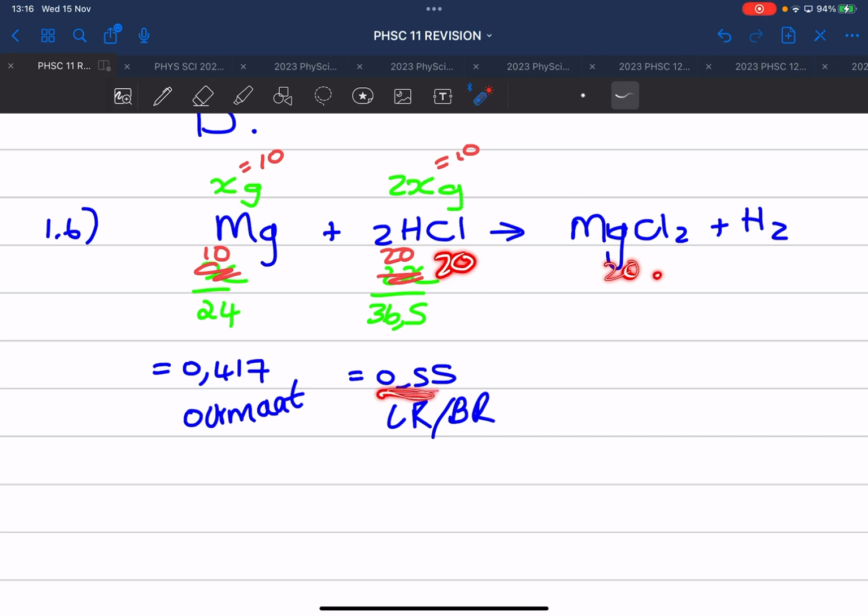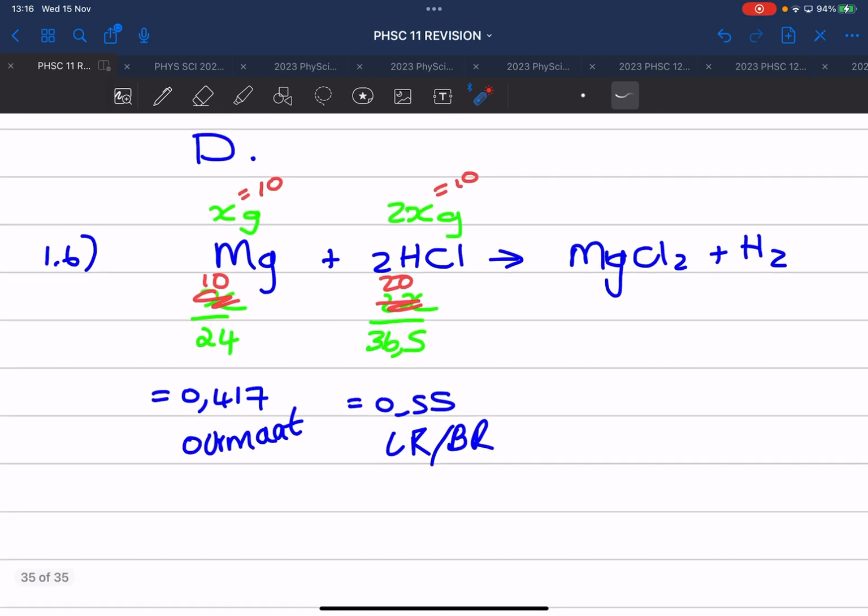Met die mol met mekaar vergelyk. Okay? Omdat hierdie mol 0,55 is, and if this mole ratio is 2 to 1, then this mole will be 0.25. Okay, so there's definitely 2x nie.